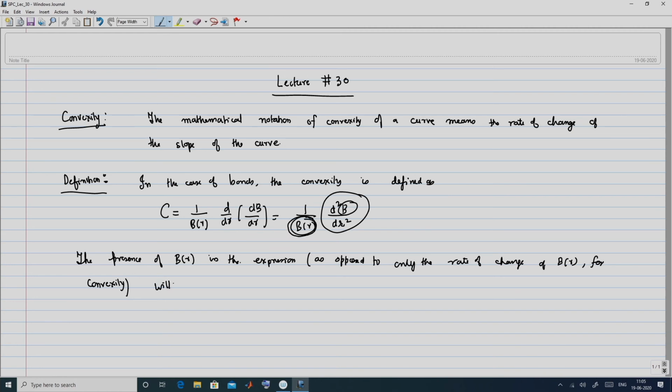This will be motivated in the subsequent discussion, which is the reason why we have included this term B(r).